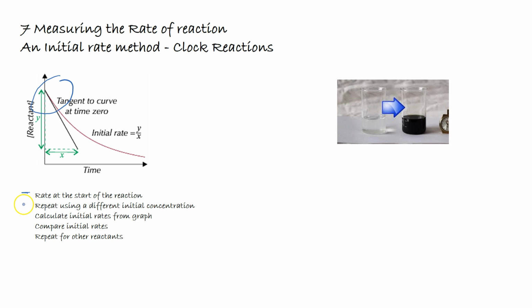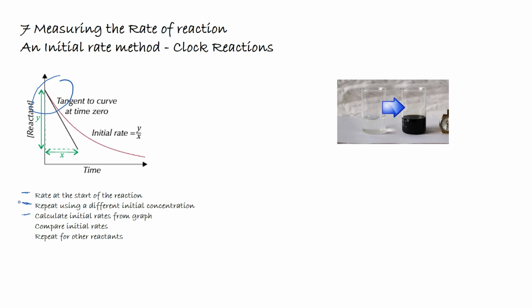Once we calculated the initial rate for a given reaction, we then need to repeat that whole experiment another time, but we change the initial concentration of one of our reactants. Once again, we then calculate, we plot, and we work out the initial rate of reaction by doing the tangent at time 0. We do this for several experiments, changing the concentration of one of our reactants.